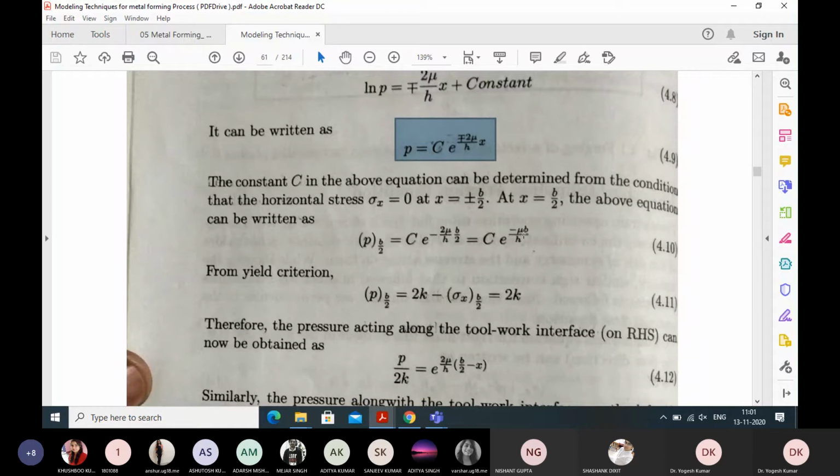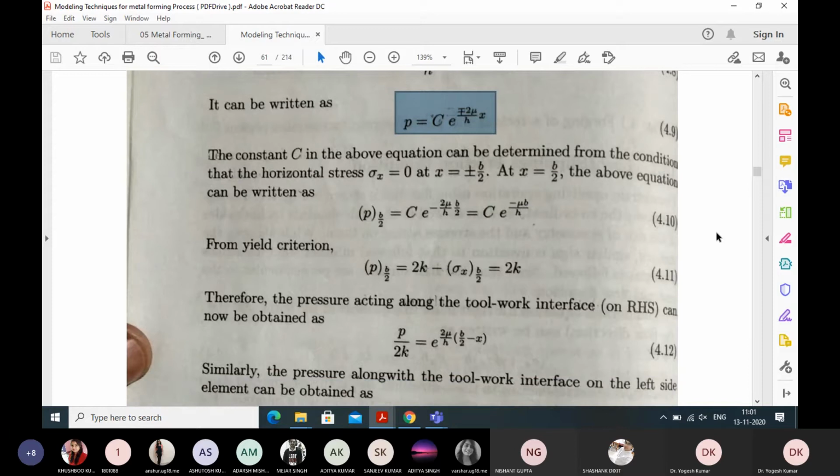This term is 0. This way, by comparing equation 4.10 and equation 4.11, we can find out that the final equation for the tool work interface in the right hand side can be written as P equal to twice k e to the power twice mu upon h into b/2 minus x.